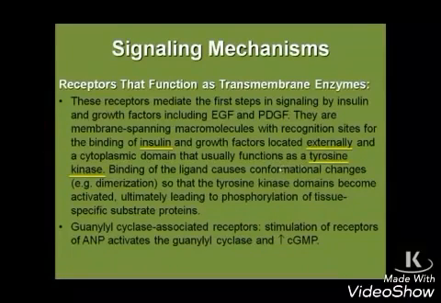Binding of the ligand then causes conformational changes such as dimerization so that the tyrosine kinase domains become activated, leading to phosphorylation of tissue-specific substrate proteins. Then guanylyl cyclase associated receptors, stimulating these receptors, for example for ANP, activates this guanylyl cyclase and increases cyclic GMP in a manner similar to what we've seen before.